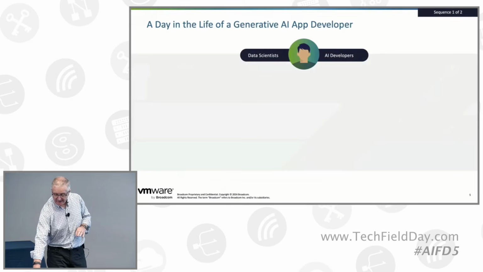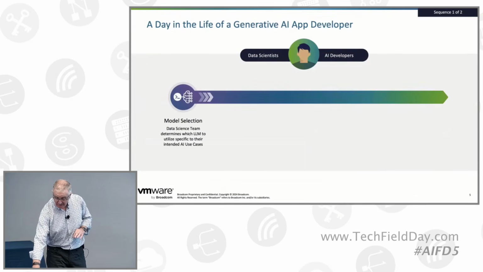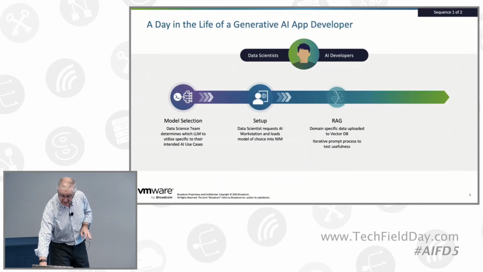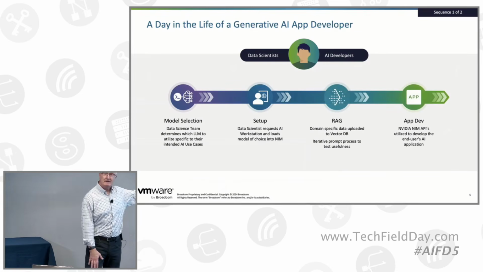So Jake already spent some time on that, but the reasoning I'm going to give for why VMware Cloud Foundation is applicable is by looking at a day in the life of a data scientist. Now, as we've portrayed it already, they're choosing models. They're testing models.